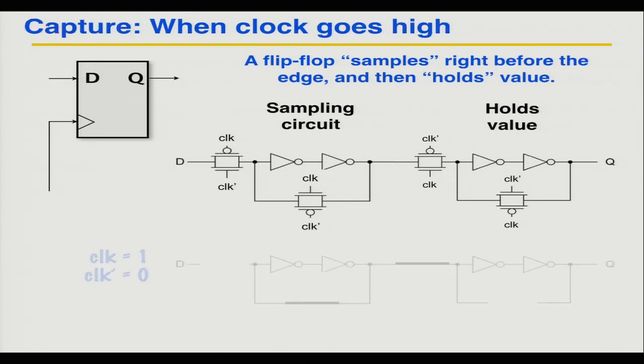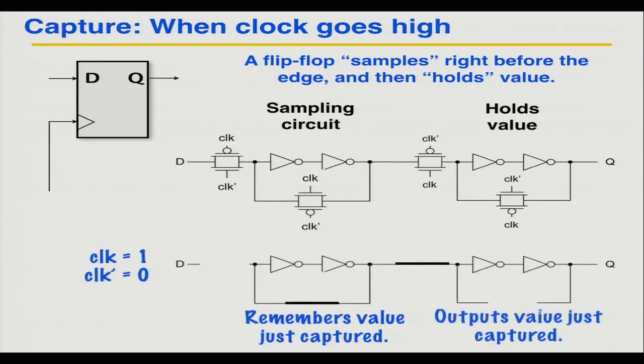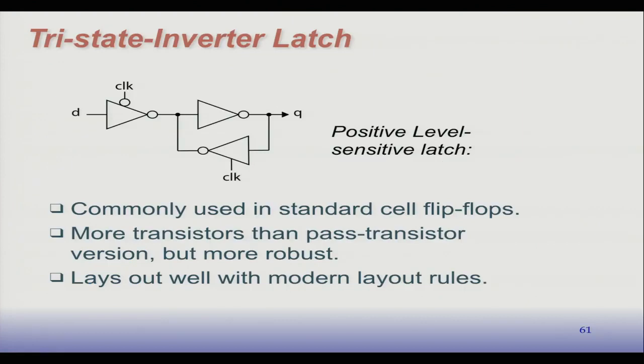Now, the only thing I wanted to show you on flip-flops is there's an alternative way to build the latch, and this is actually more popular these days. We can build a level sensitive latch this way. Instead of using transmission gates, we use tri-state buffers.